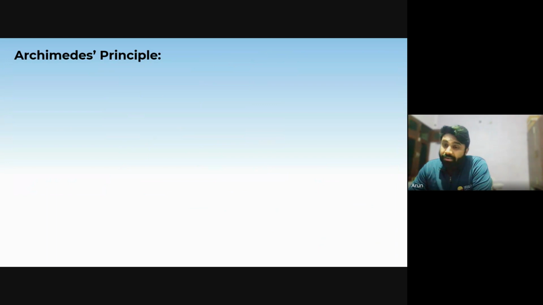Now, what does Archimedes observe? I will tell you a story about this. Archimedes lived when there was a ruler named Hiero II. Hiero II ordered a goldsmith to make a crown for him.